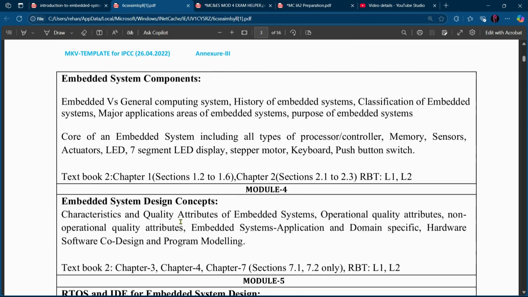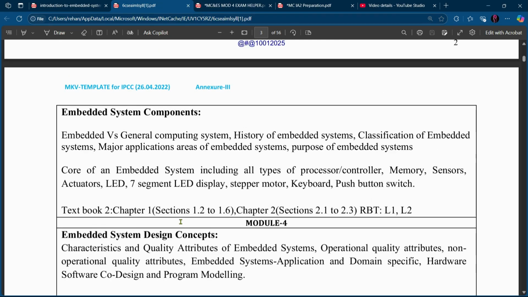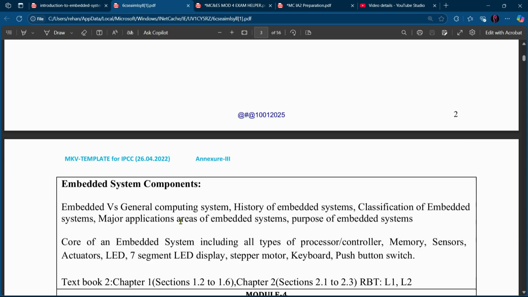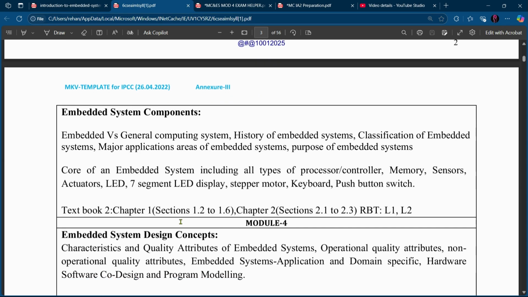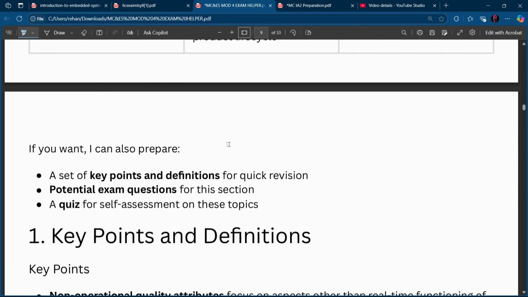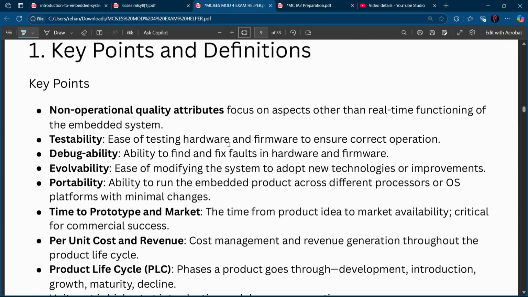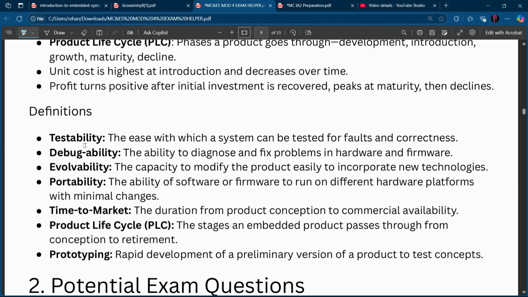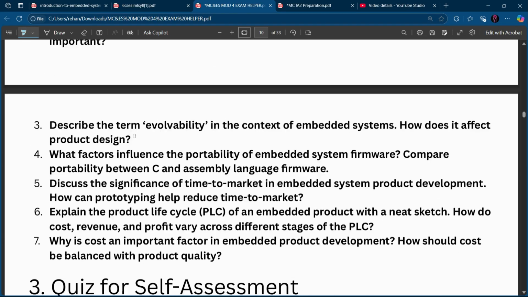In a few notes I've also included L3 and L4, which are higher levels of answering. Since it is L1 and L2, you don't have to worry much. L1 is basic remembering, and L2 is comparison and differences. Each topic is prepared that way. Key points, definitions in non-operational, all the small things, and potential exam questions.